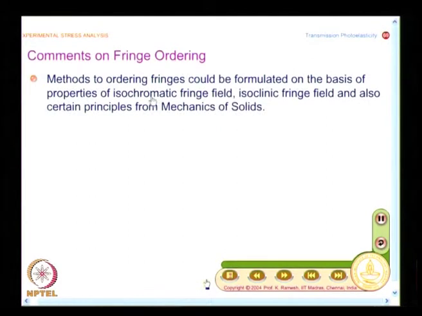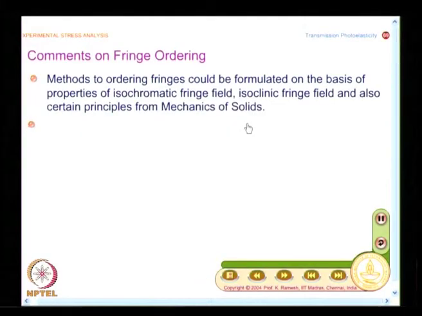If somebody gives you the fringe order n, it is very simple, but you have to identify for complex problems how to label the fringes. And certain aspects could be understood if you look at properties of isochromatic fringe field and also properties of isoclinic fringe field, and you can get some kind of help from principles of mechanics of solids.